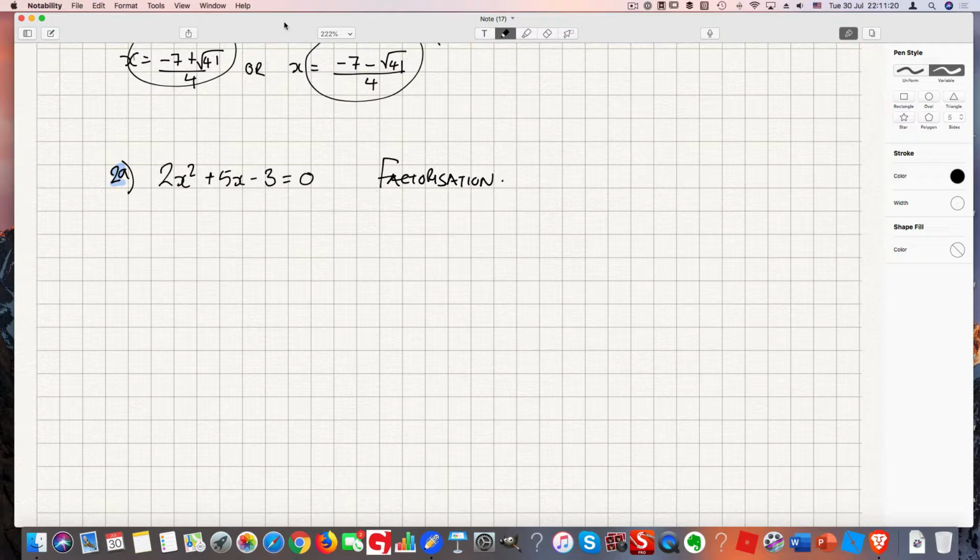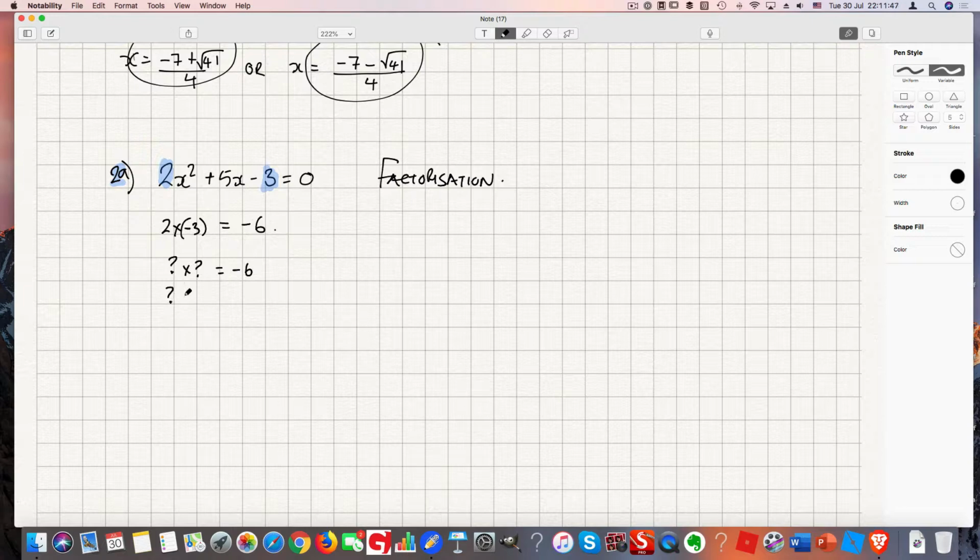So what does that mean? It means that first of all we need to multiply this 2 and this 3. In fact, that's a minus 3, so it's 2 times a minus 3, let's put brackets, is minus 6. So then we say, what two numbers do you multiply to make minus 6?